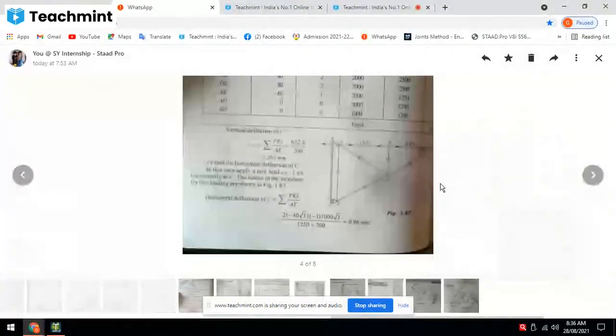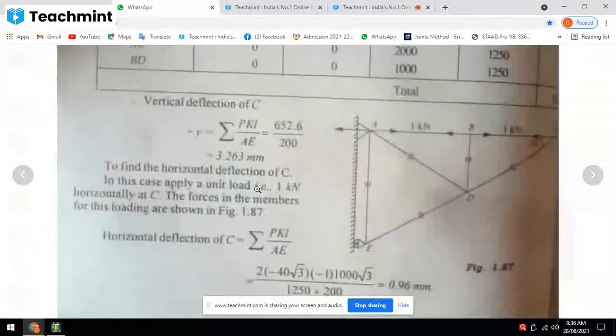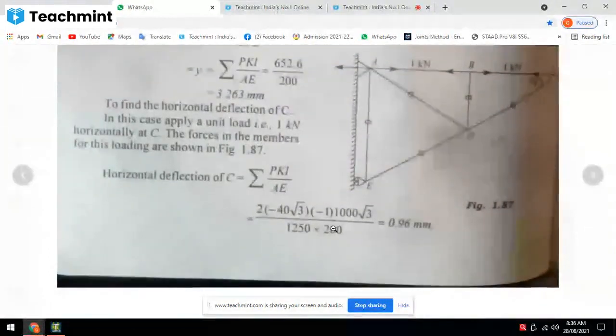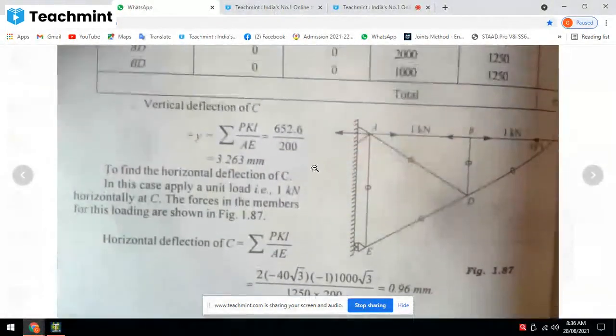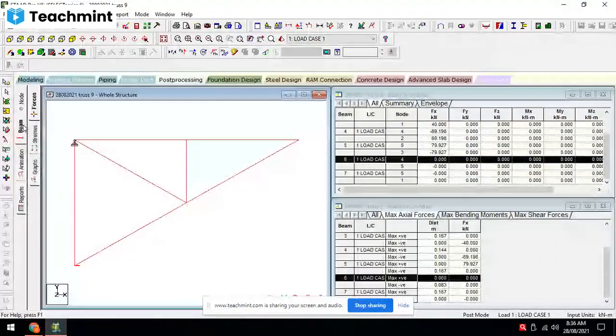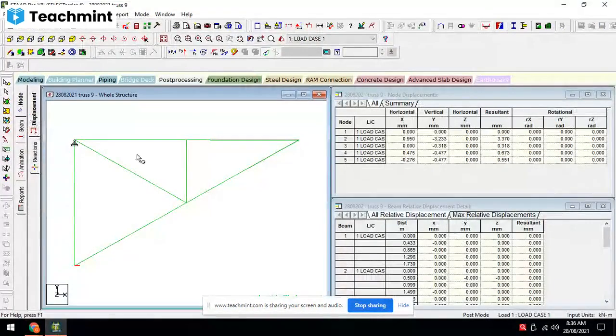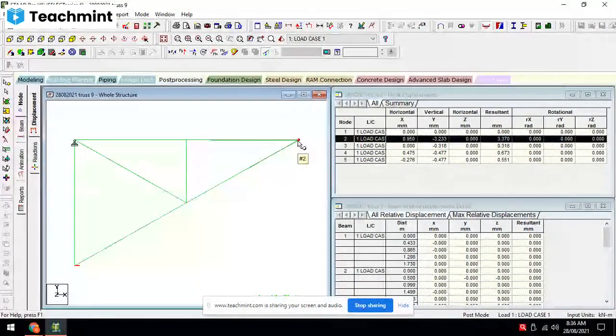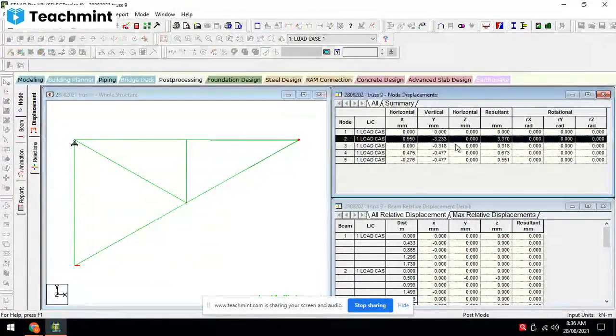And we'll check now the deflection. So vertical deflection is 3.26 and horizontal deflection is 0.96 at the free end. So click on node displacement at this end. Yes, correct. Vertical deflection we got minus 3.23, and horizontal deflection is 0.95.